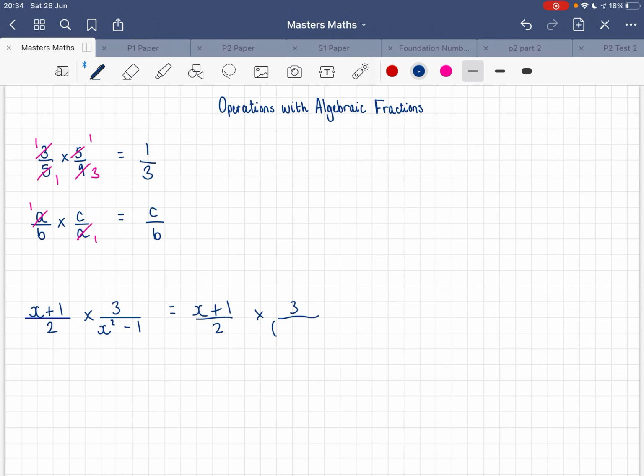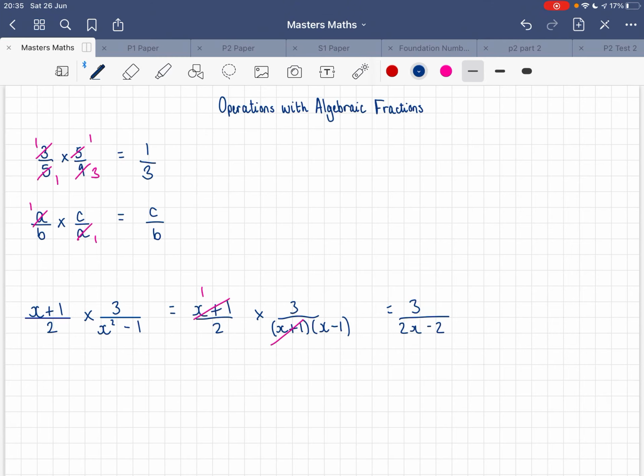So we can factorize that straight away, so we get x plus 1 and x minus 1, and then we can pre-simplify the x plus 1s. They simplify out, leaving us with 1 times 3 is 3, and then 2 multiplied by x minus 1, which is 2x minus 2.